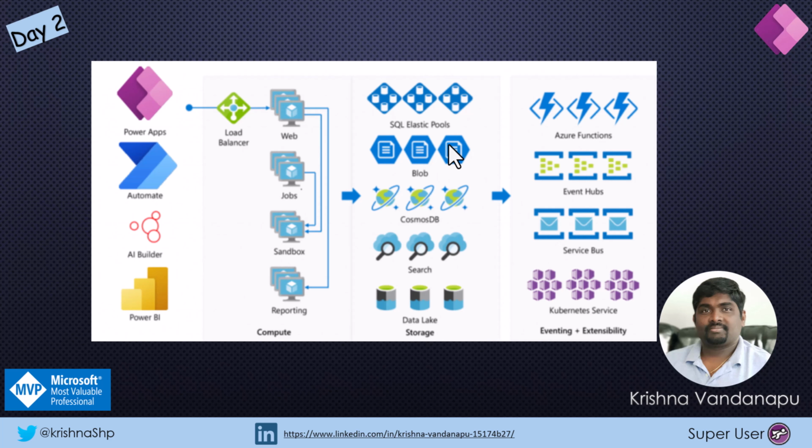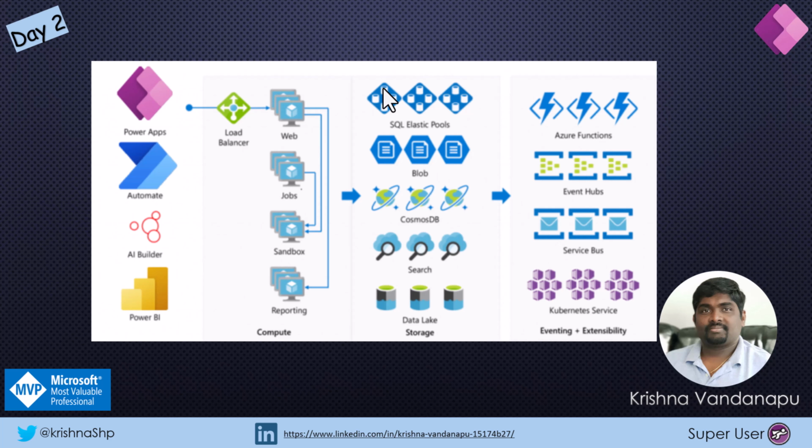If you notice here, there is a data lake, which consists of SQL, and it does the searching with the help of search methodologies. It also has Cosmos DB and a blob storage mechanism. It also has SQL elastic pools.